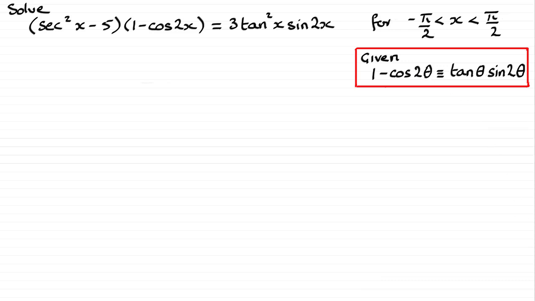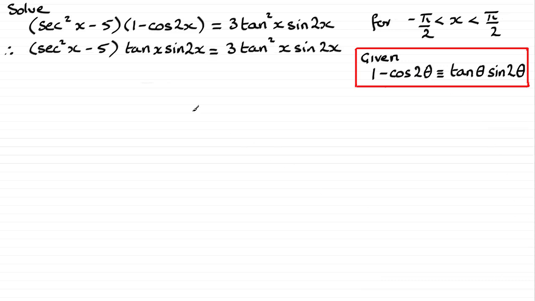So if you were to substitute that in, there it is there, tan x sine 2x in place of 1 minus cos 2x. Now what I can do next is take 3 tan squared x sine 2x from both sides and factorise. I'll show you.